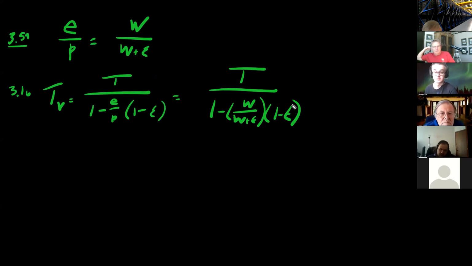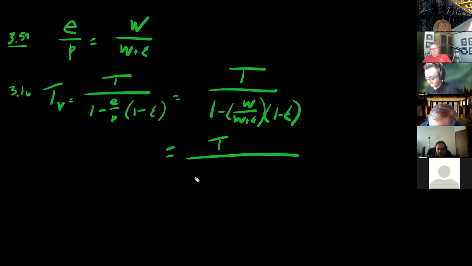How do you deal with this mess? They said simplify. All right, so I see this and I go, well, how do I simplify this? This is crazy. What's the best way to simplify it? Multiply it through, right? Yeah.